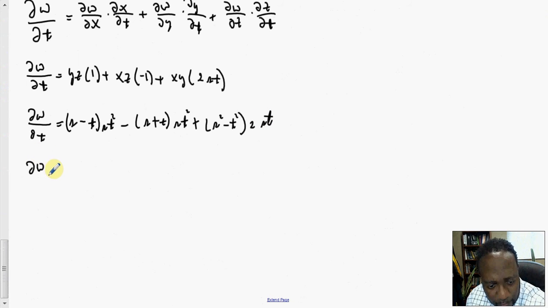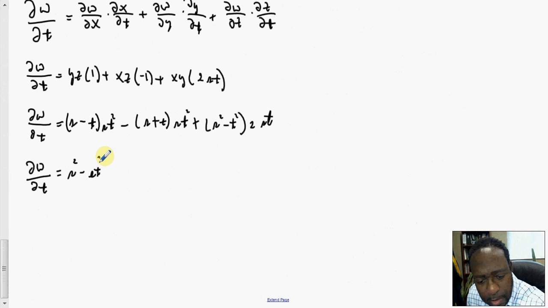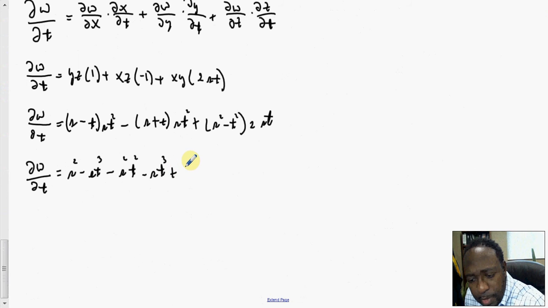Now let's simplify all of that. We have the partial of w with respect to t, and this is s squared minus s t to the third minus s squared t squared minus s t to the third plus 2 times s to the third times t minus 2 s t to the third.